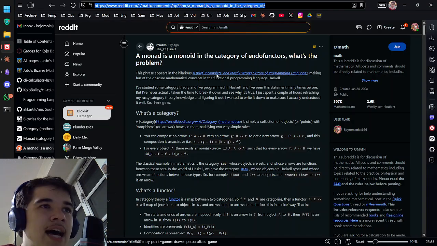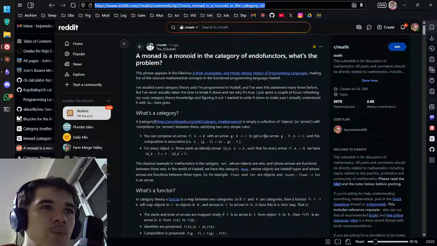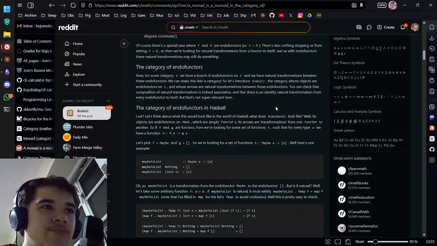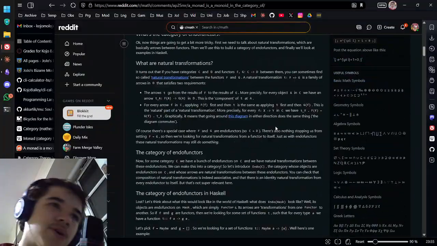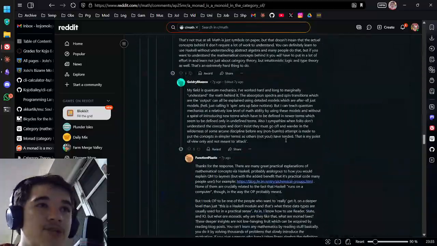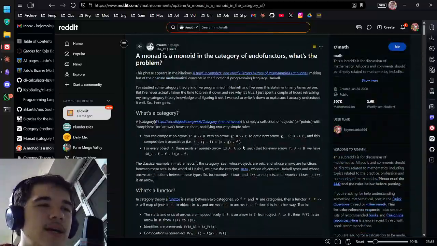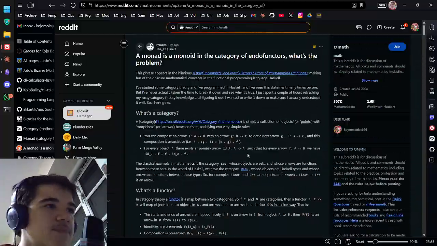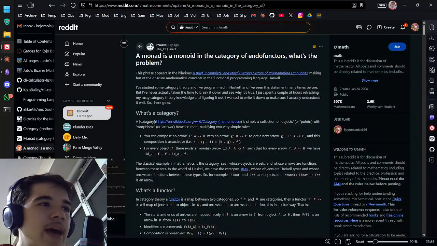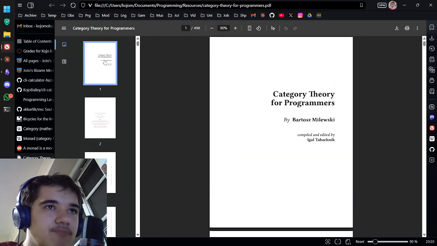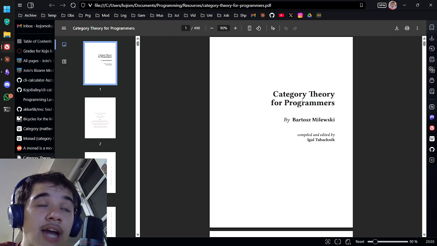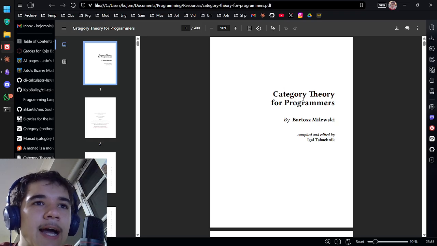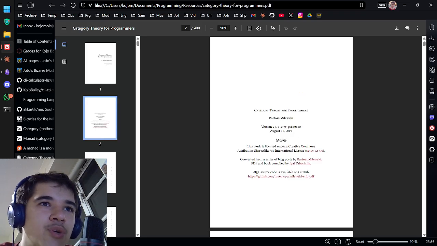But if that fails, I have this Reddit post here, which I will definitely look through at some point, just because I'm curious to see how this guy presents it, because he has literally gone through the whole thing in one post. Plus, you got comments as well, and then there's also this book, Category Theory for Programmers by Bartosz Milewski, which was actually quite recent, 2019.